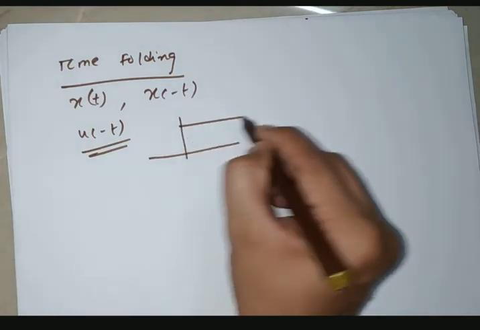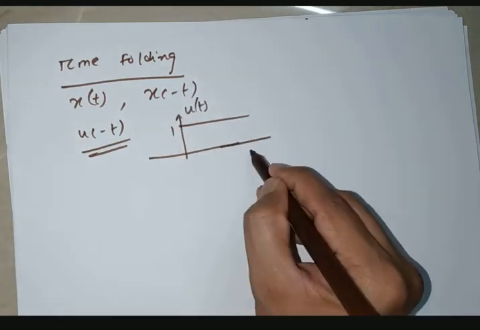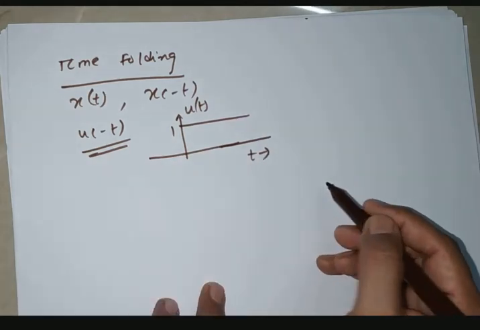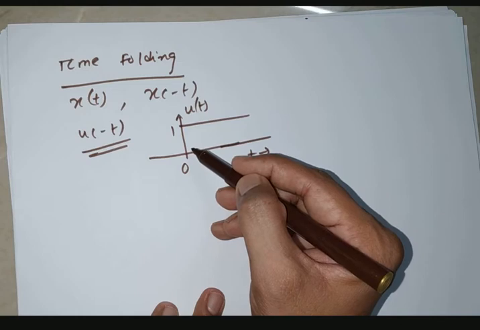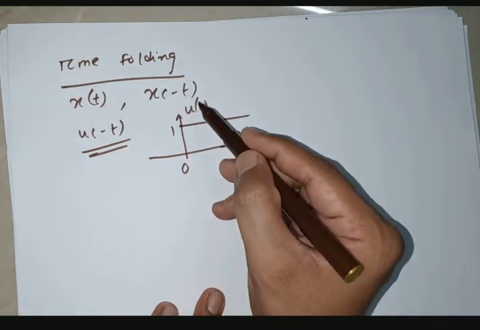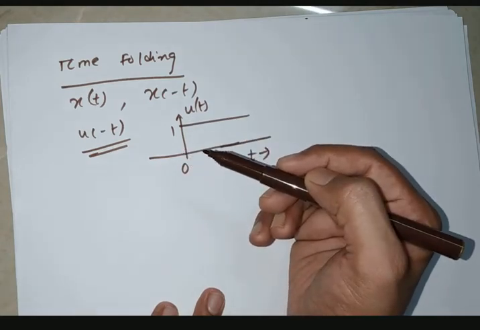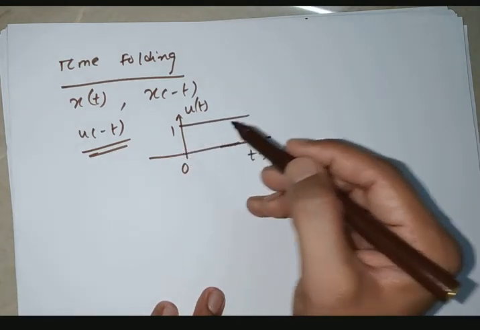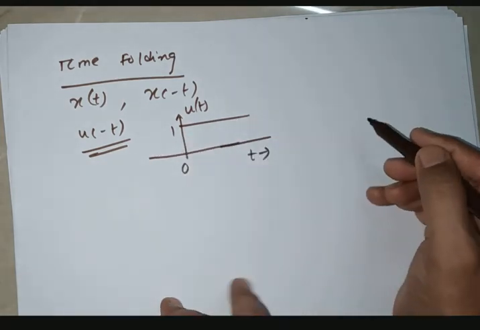Then simple, this is u of t. U of minus t, how will do? Fold means a simple fold with respect to y-axis. When you are finding x of minus t, simple fold with respect to y-axis means what you will do? Simple, take right hand side part to left hand side and left hand side part to right hand side.